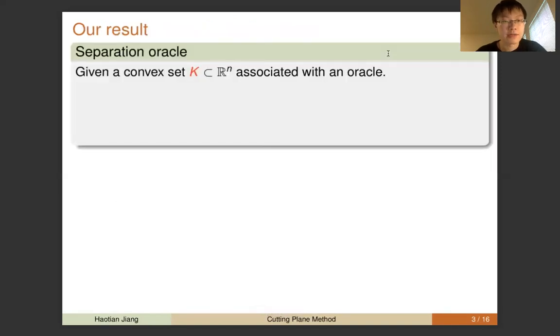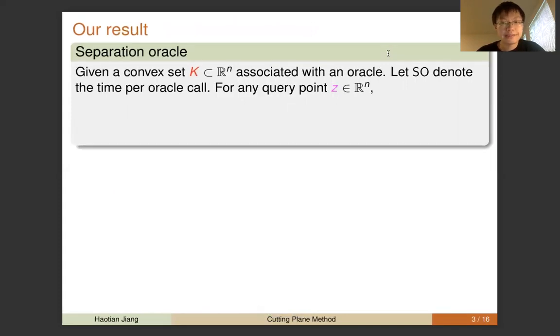Now let's look at the separation oracle more carefully. So recall we are given the convex set K, which is a subset of R^n. We'll use SO to denote the time per oracle call. So for any query point z in R^n, if z belongs to K, the oracle would output yes, as in the following picture.